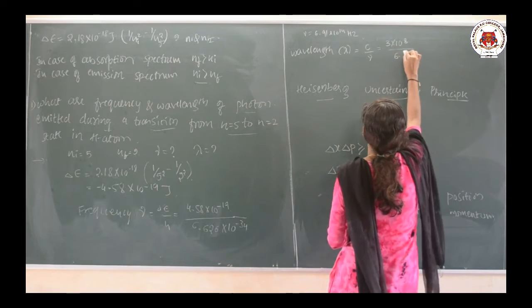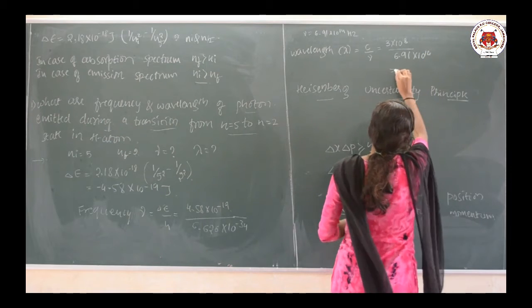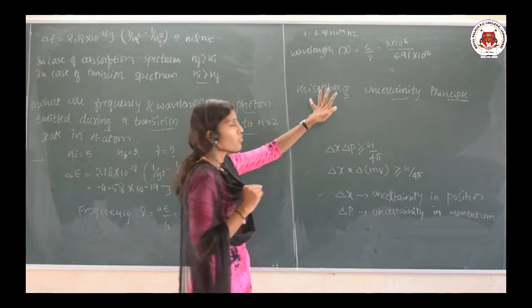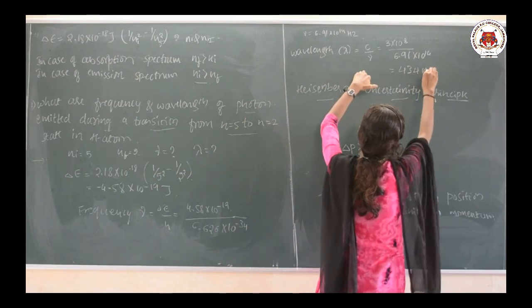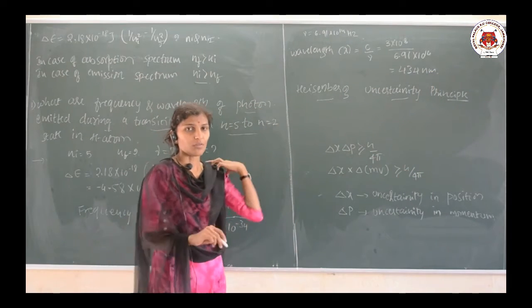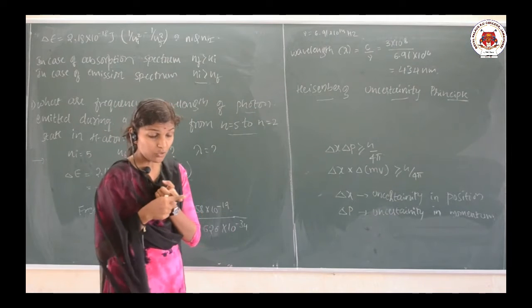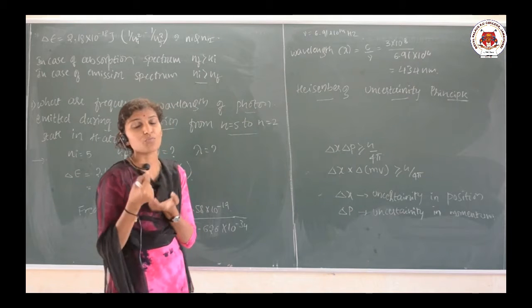Frequency already you have calculated, 6.91 into 10 to the power 14. If you simplify these values, you are going to get the answer at around 344 nanometer. So simple. The question is, you need to find out a photon's frequency and wavelength.